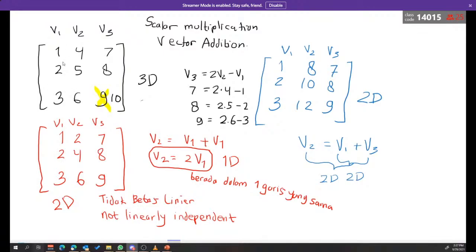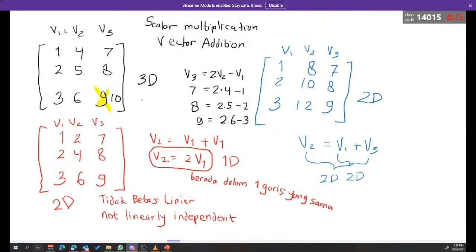V1, V2, and V3 have these elements. V1 is 1, 2, 3, V2 is 4, 5, 6, and V3 is 7, 8, 10. I'm sorry, this is my mistake. So 7, 8, 10. These vectors, in fact, are linearly independent. Mereka semua ini bebas linear.